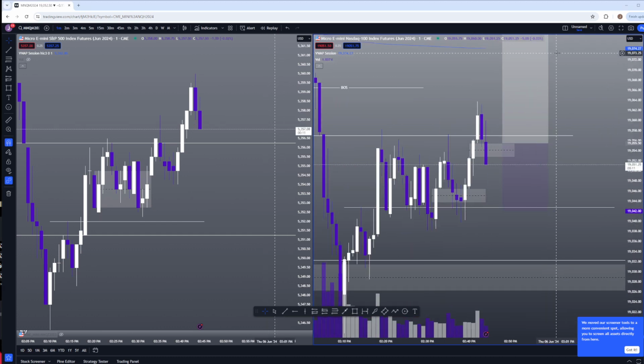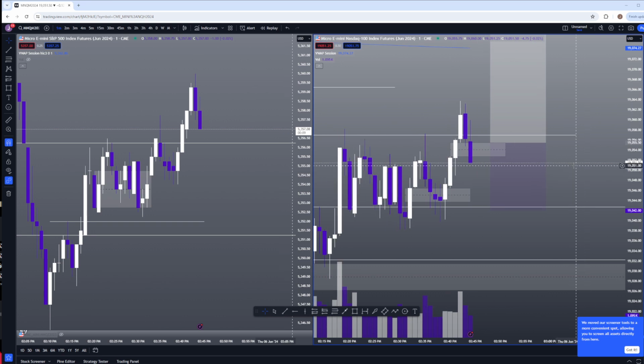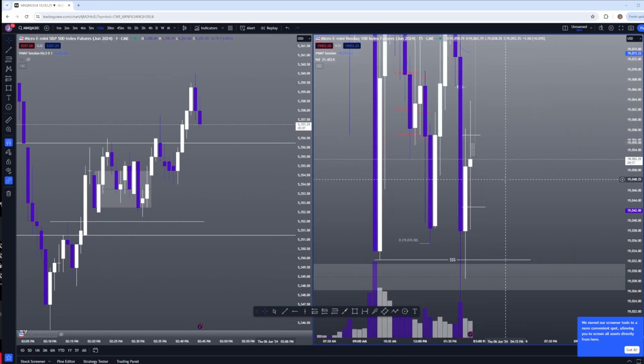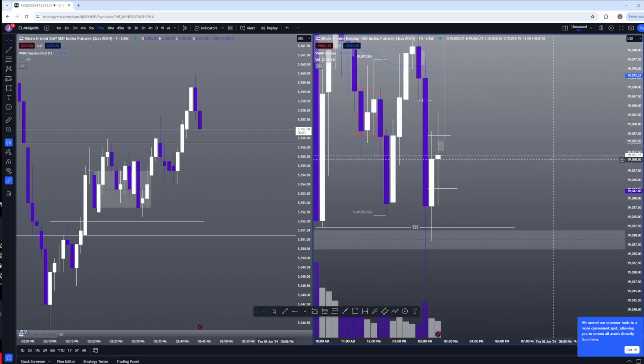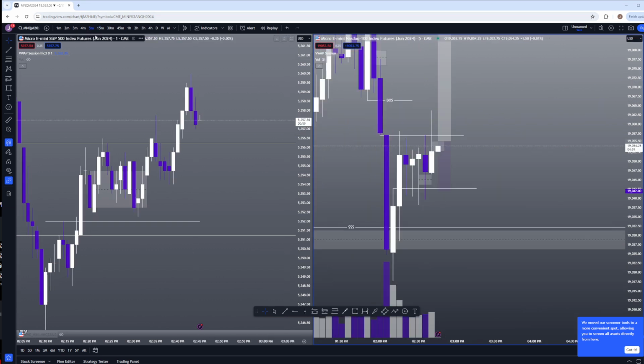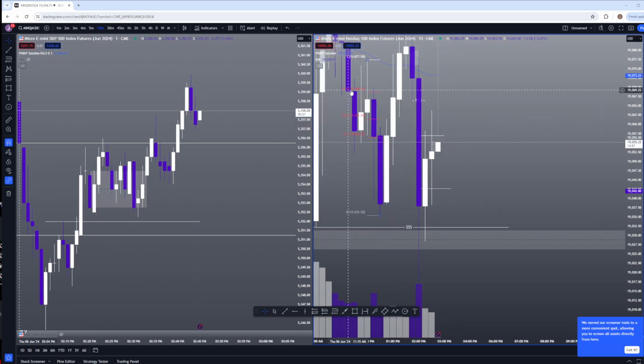See if we're going to trade right through that 1 minute. Okay, we're actually seeing us get a reaction off that 15-minute imbalance here. So 15-minute closed.